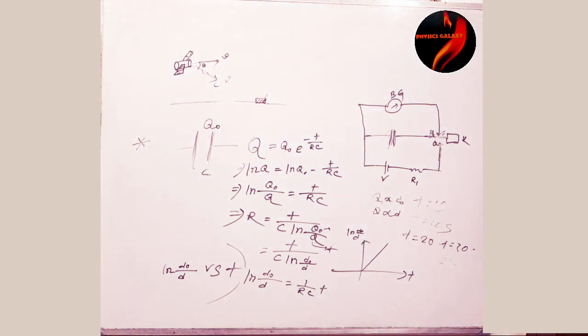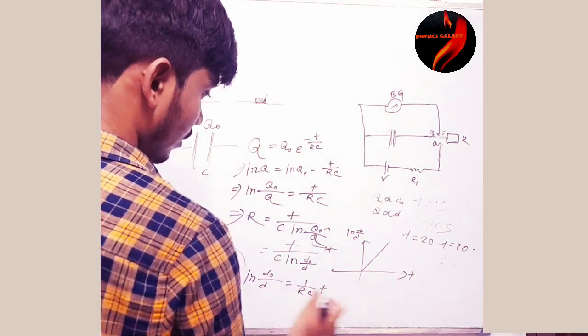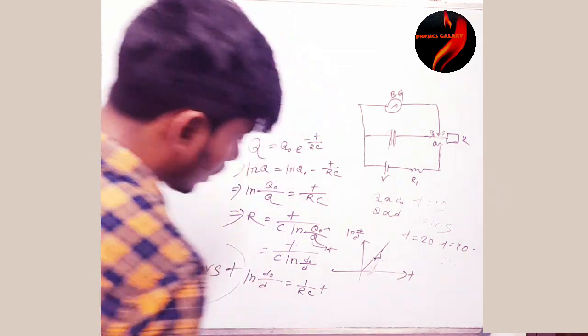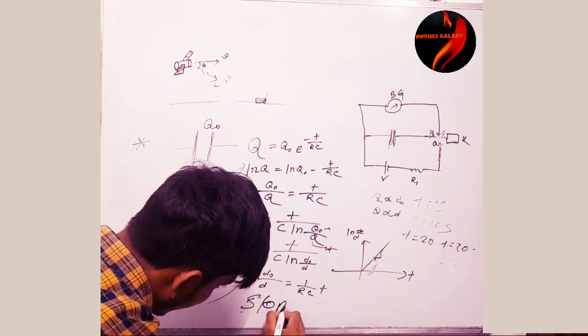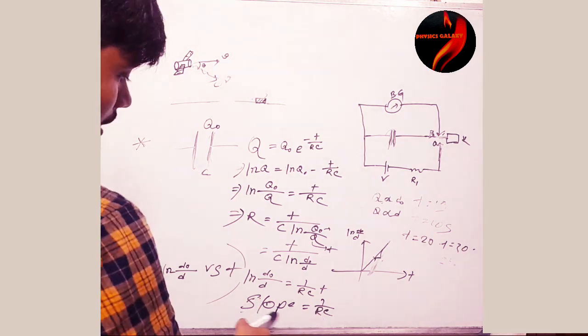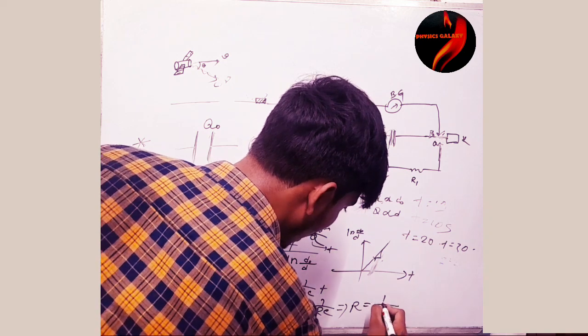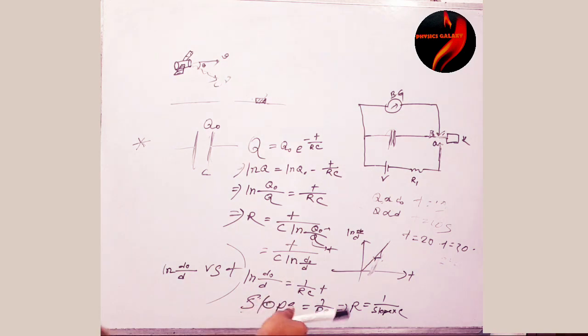We measure the slope of this line, and the slope equals 1 by RC. So we can find R equals 1 by slope into C, and from this we can measure the leakage resistance of the capacitor.